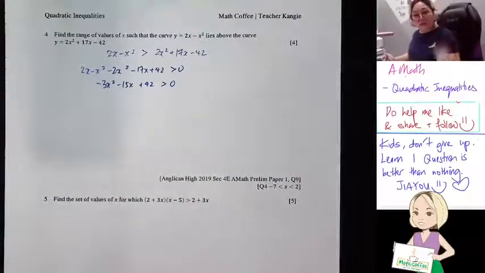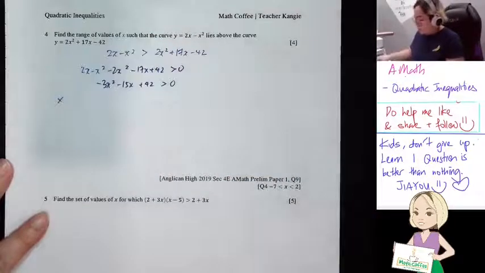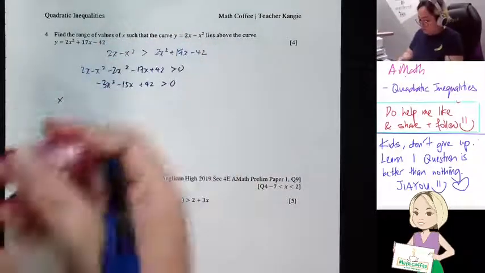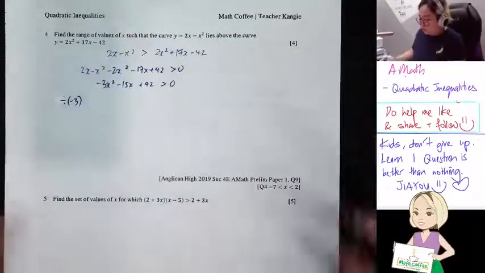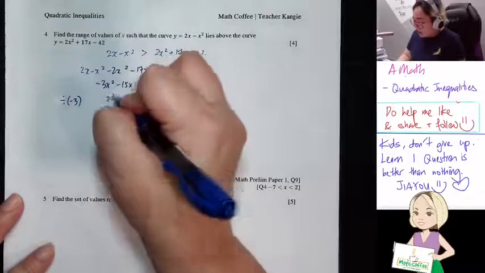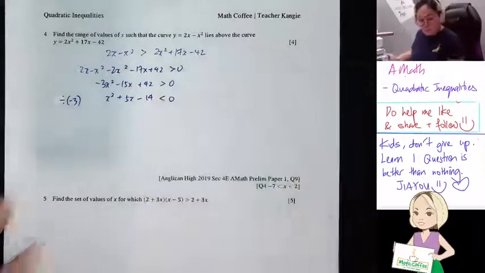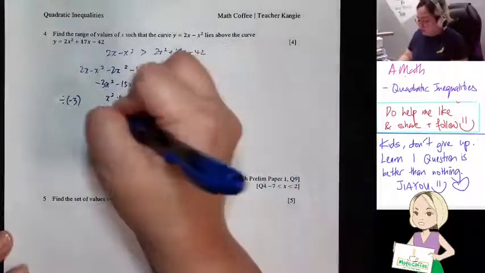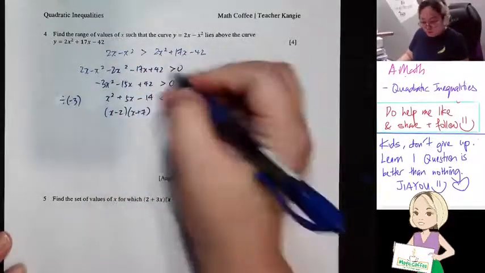So we know, okay, this is a quadratic inequality and this is a sad face. I'm going to make it happy by multiplying by, actually this one I can reduce also. So I will choose to divide instead. So let's divide it by negative 3 throughout. So I will have x squared plus 5x minus 14 less than 0. Now it's happy face already, I can factorize. So after you factorize, you have x minus 2, x plus 7 less than 0.